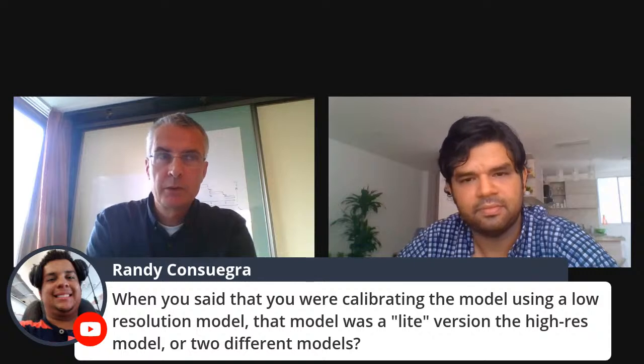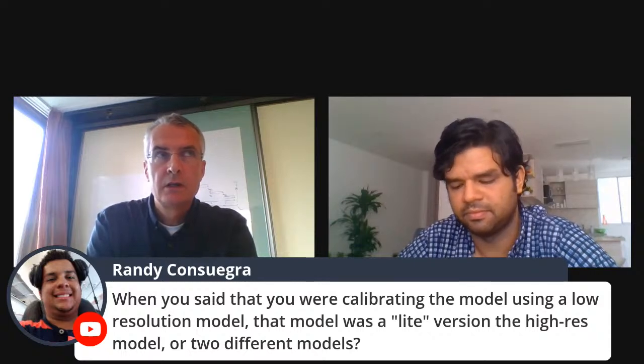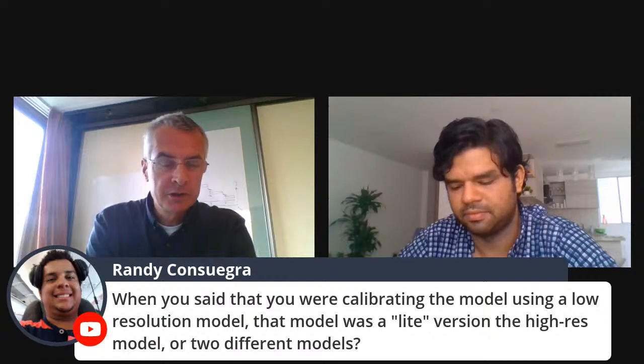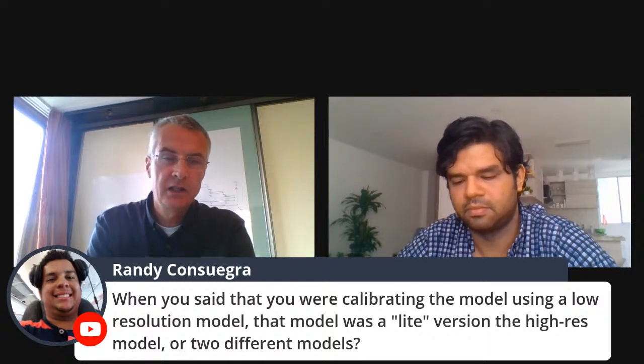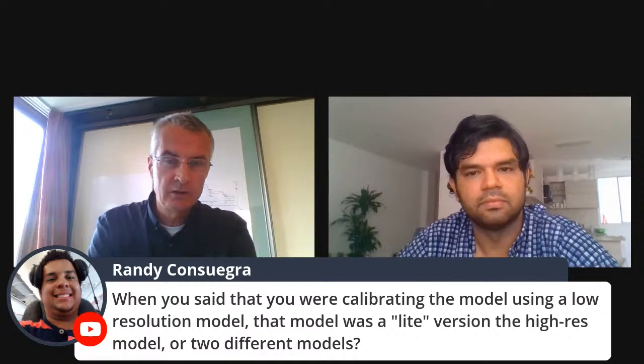Yeah, and it's important that your low resolution model still reasonably represents the observations that you want to assimilate, right? So in our case, we threw away some of the observations because they were in areas that we didn't think the low resolution model would be capable of reproducing.